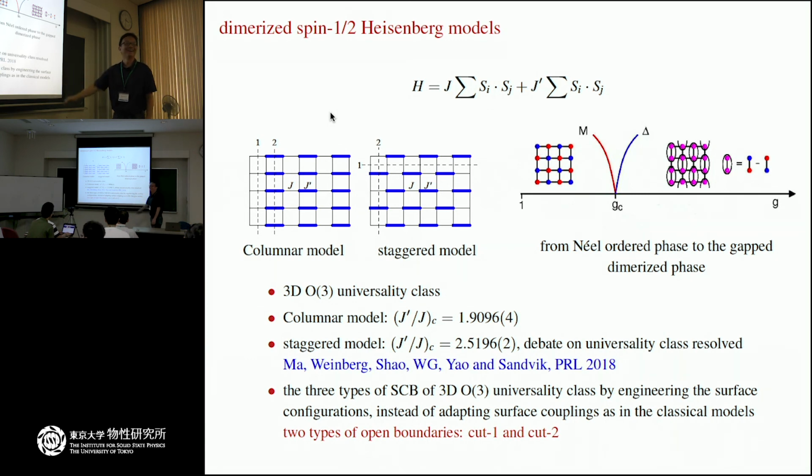Yeah, so the original proposal, which I don't know if you were involved in, was from Todo and others here, and some Germans. Yeah, exactly. The original proposal was that the leading scaling correction is somehow different and its scaling dimension is much smaller, so the effect is bigger. Actually, what we found is that that's not the reason.